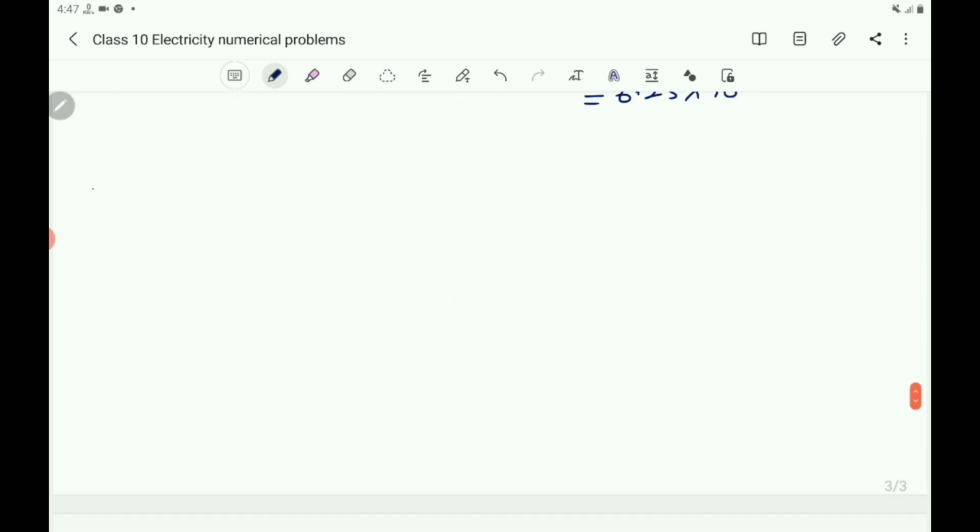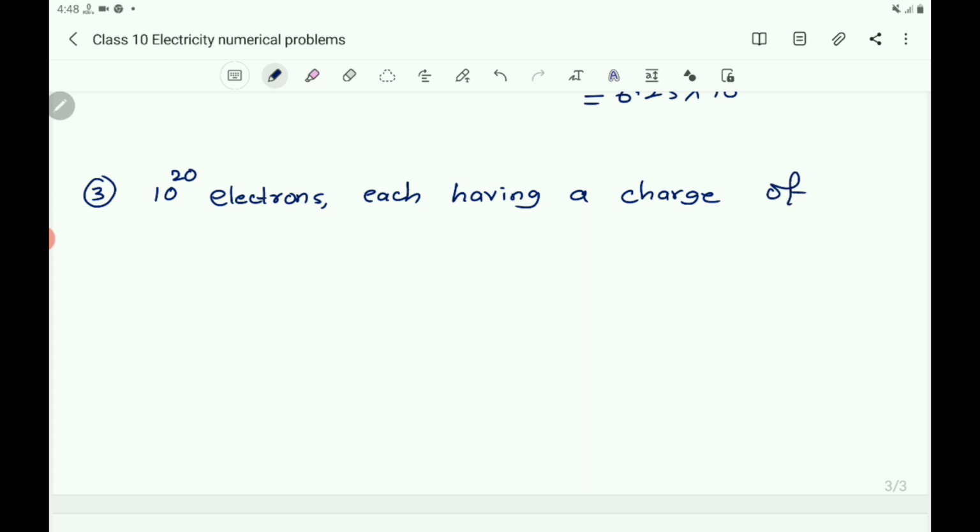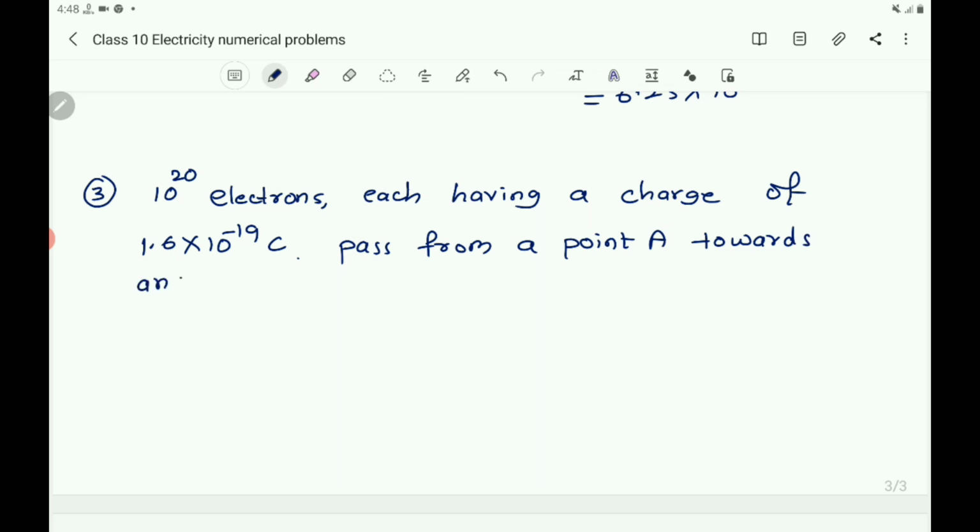Then next let us take the third question. 10 power 20 electrons, each having a charge of 1.6 into 10 power minus 19 C, pass from a point A towards another point B in 0.1 seconds.